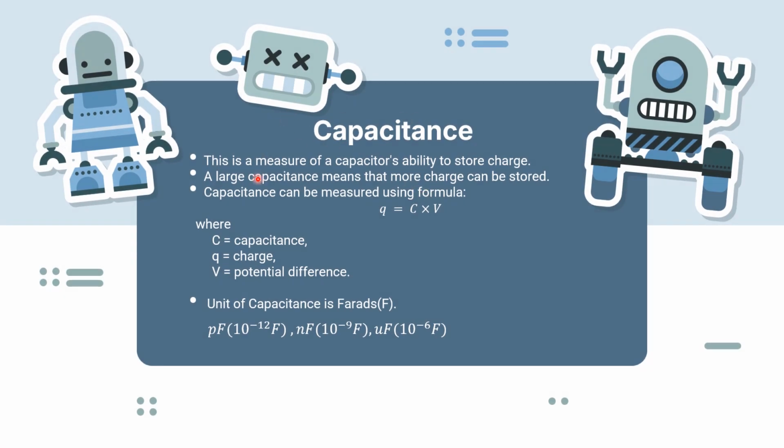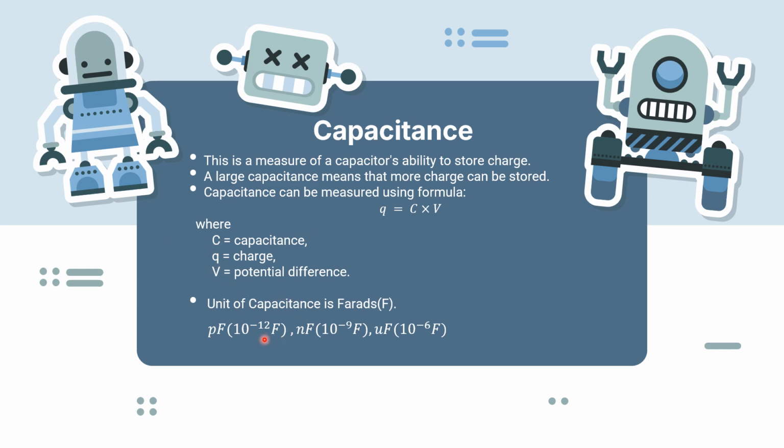Capacitance is a measure of a capacitor's ability to store charge. For example, for a resistor we call it resistance; now for a capacitor we call it capacitance. A large capacitance means that more charge can be stored. Capacitance can be calculated using the formula Q = C times V, where Q is the charge, C is the capacitance, and V is the potential difference.